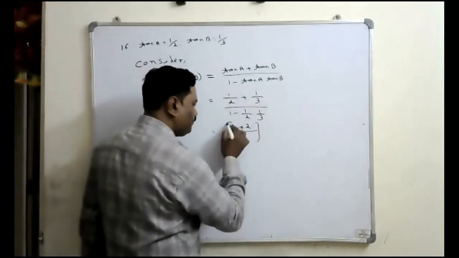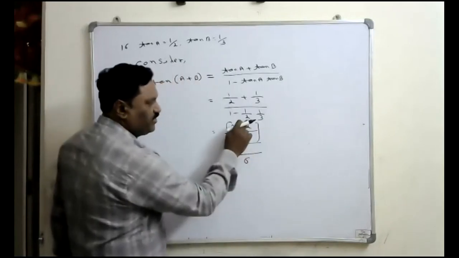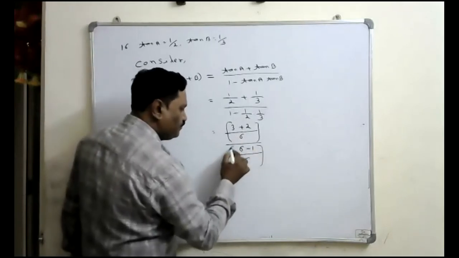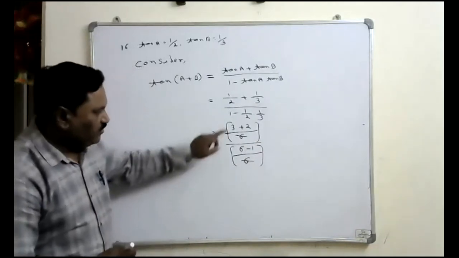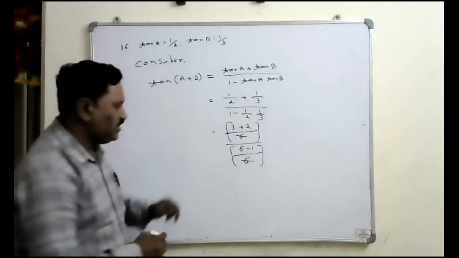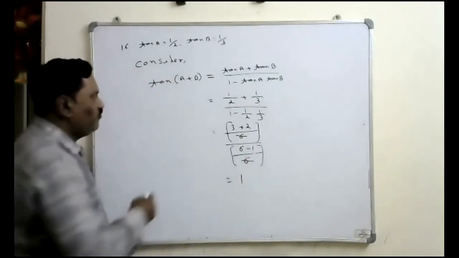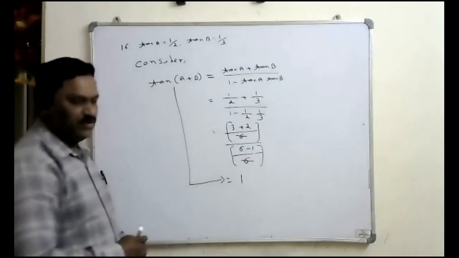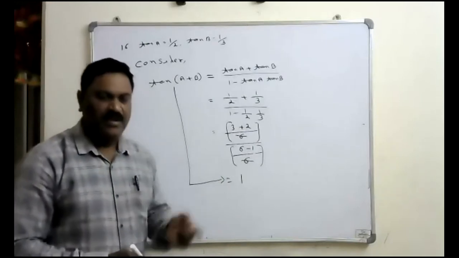In the denominator, the LCM is 6: 6 into 1, 6, minus 1. The 6 and 6 get cancelled. So 3 plus 2 is 5, 6 minus 1 is 5, 5 upon 5 is 1. So we got that tan of A plus B is 1. Means for what angle will tan give 1?